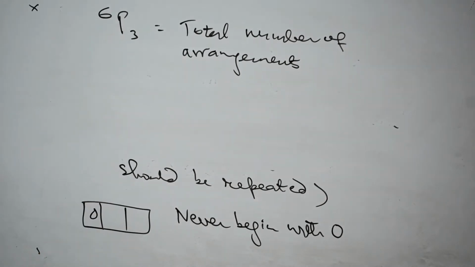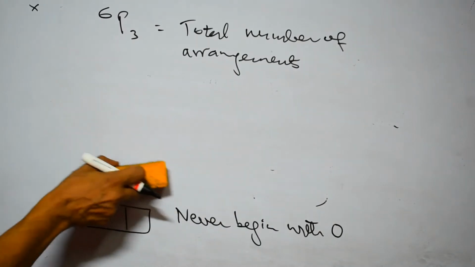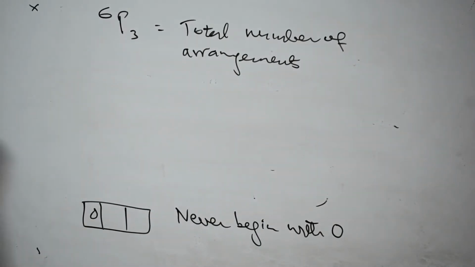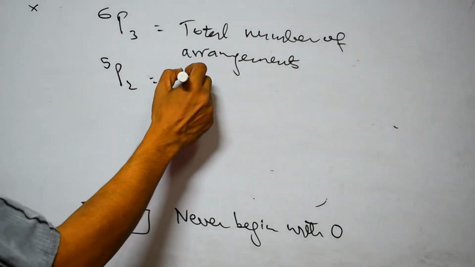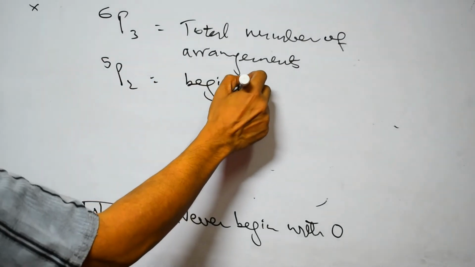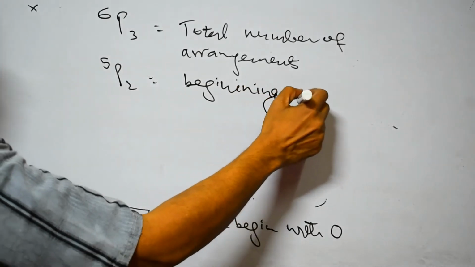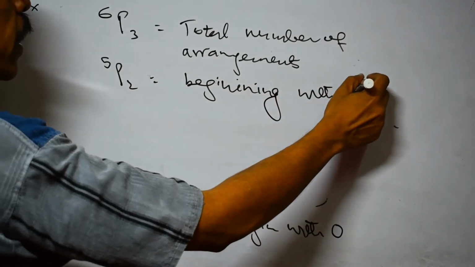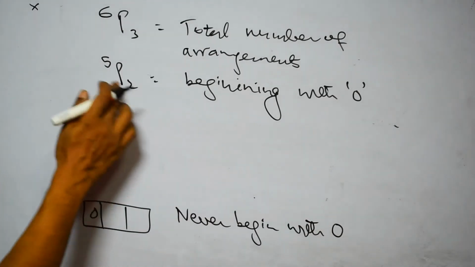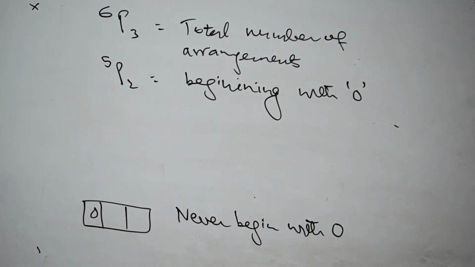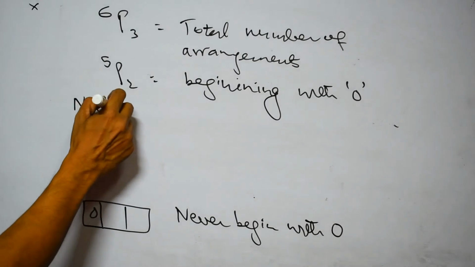If I put 0 at the beginning, no digit is repeated. Therefore, we are now having 5 figures remaining and 2 places to be filled up. So it will be 5p2, beginning with 0 for these 3 digit numbers. So we are finding that 6p3 cases are the possible cases including or excluding 0 at the beginning. But 5p2 cases begin with 0, therefore we can find the numbers that never begin with 0.